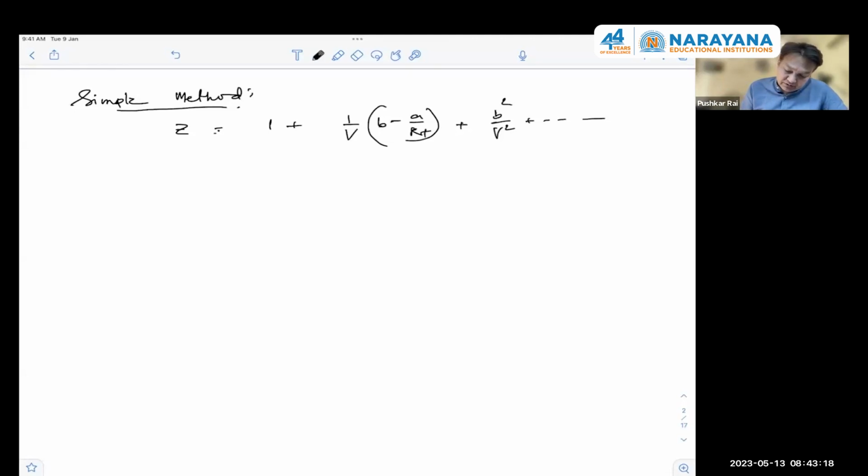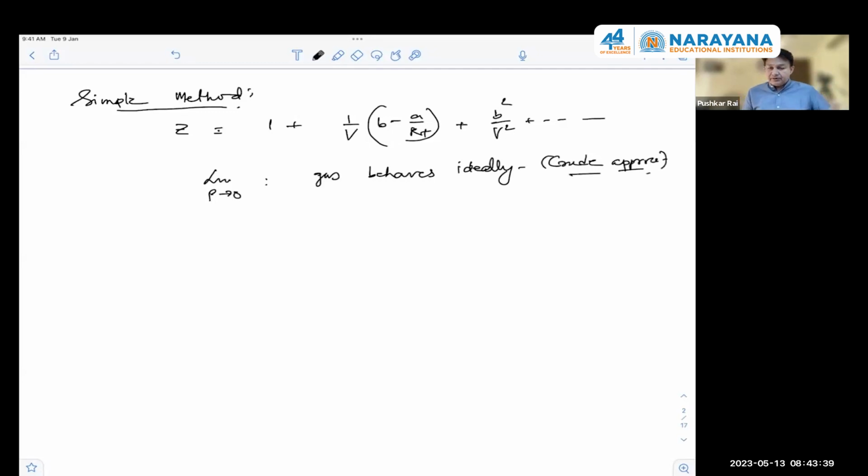So we can also think about it in terms of limit pressure tends to 0, gas behaves ideally. So that is a very crude approach. This is a very crude approach, but at least it will give you the answer.